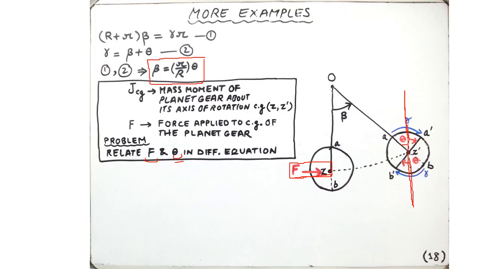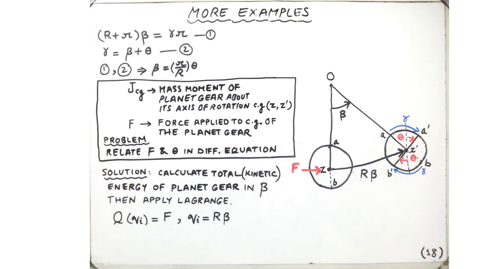To write down these equations, we shall use the mass moment of inertia as it rotates about its center of gravity. So that term, as we've seen, is often required in writing equations of motion, that is JCG. And F is the force applied to the center of gravity of the planet gear, A in this case. We are going to use the Lagrange method to write the equation of motion, and we need to first define the displacement variable as well as the corresponding loading function.